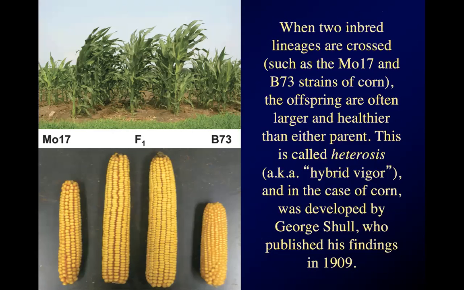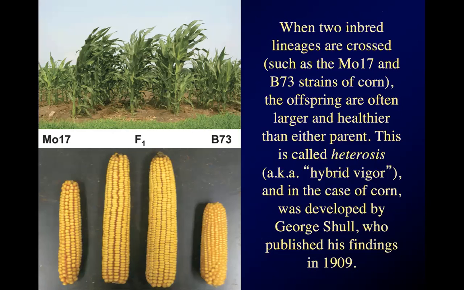Here's the thing. A guy named George Shull discovered this in 1909. Corn is normally pollinated by wind, which means that it's hard to control what corn plants mate with which.